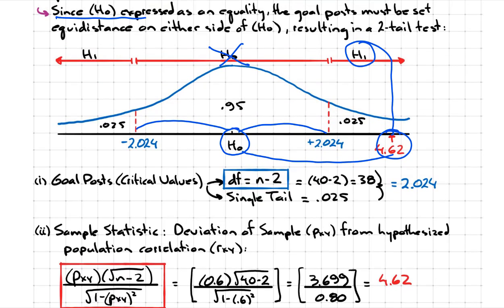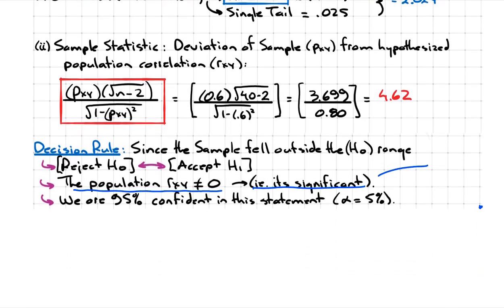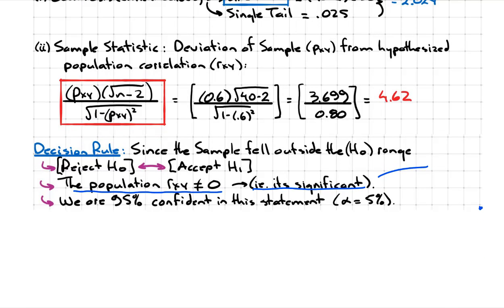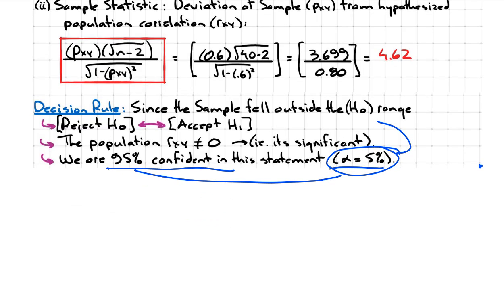Since we gave the null a 95% margin of error, and we still rejected it, we can say we are 95% confident in our decision, or alternatively, we could say we are confident in our test at the 5% level of significance. These two mean the same thing, but usually it's expressed in terms of level of significance. So when we say this is our conclusion at the 5% level of significance, what we're really saying is we are 95% confident in our conclusion.